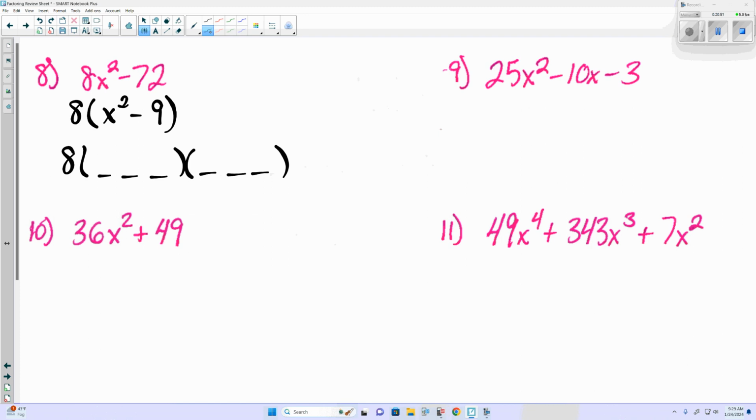Now we do need to factor x squared minus 9. We have two terms, so it's either a difference of perfect squares, a difference of perfect cubes, or a sum of perfect cubes. This is going to be squares because x squared, yes. So our signs are plus and minus. What times itself is x squared? x and x.